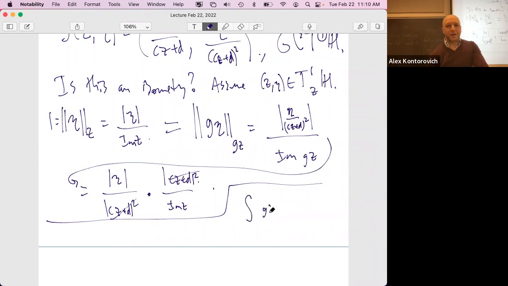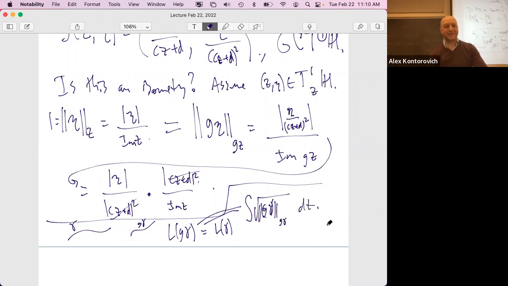So L of gamma is the same as L of G gamma. This is achieved through a change of variables for determinant 1, but you've done something faster. Well, no, so why is the length of any curve the same? So here's gamma, and then G gamma takes it somewhere. Why is the length of G gamma the same as the length of gamma? Well, what is the length of G gamma? It's the integral of the square root of the local length of G gamma prime, as measured at G gamma, dt.